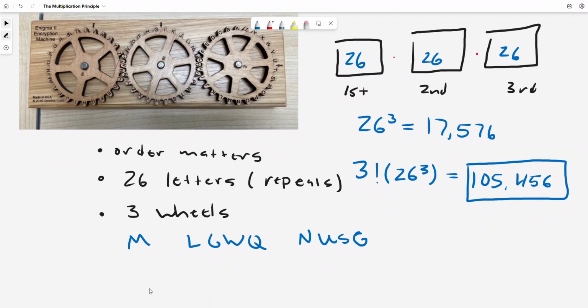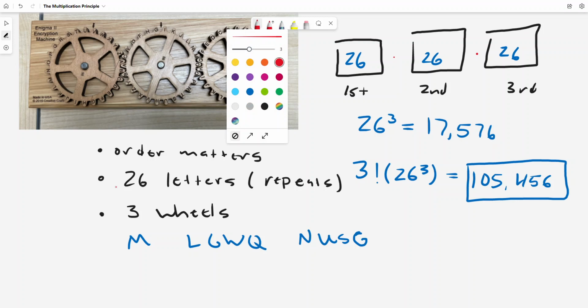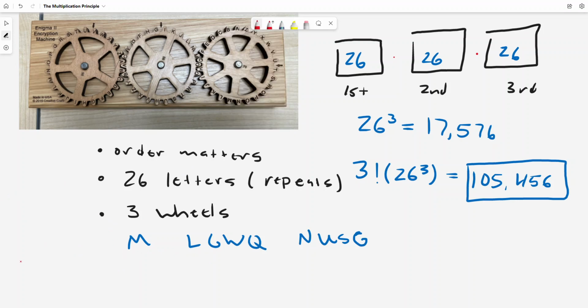Now, if you were to decrypt this using the proper key, you would figure out that the hidden message for this particular encrypted one is, using the right key, I love math.